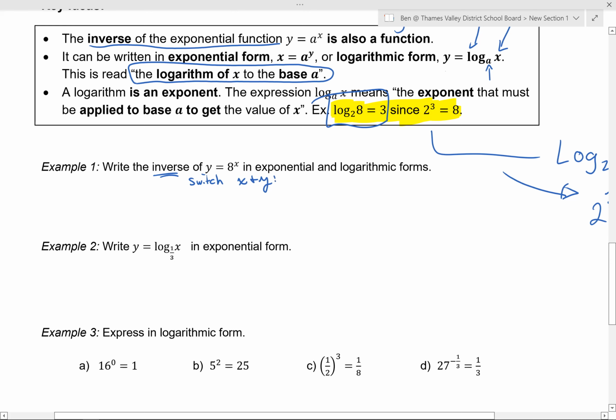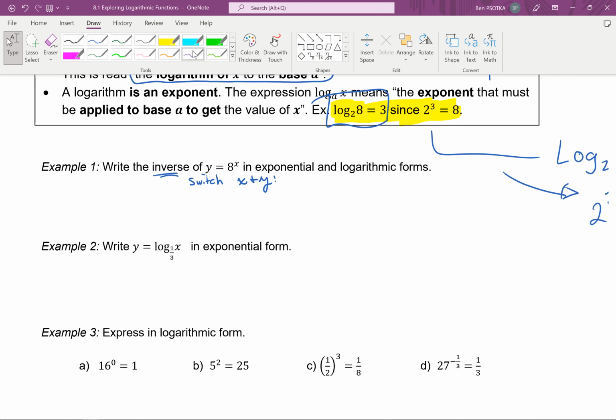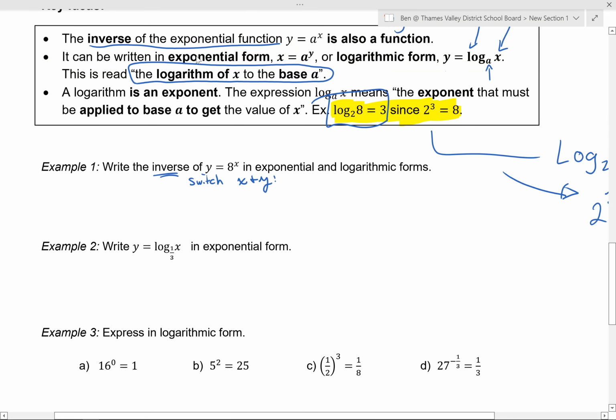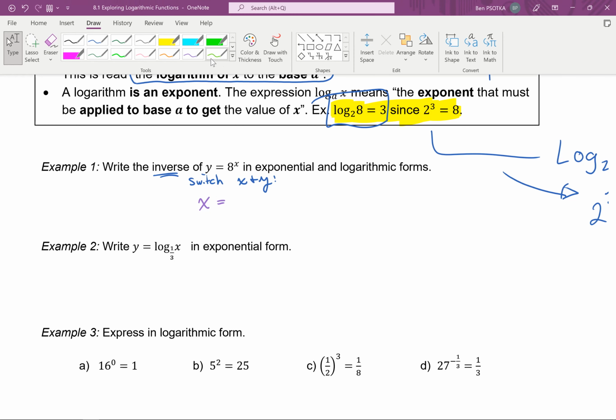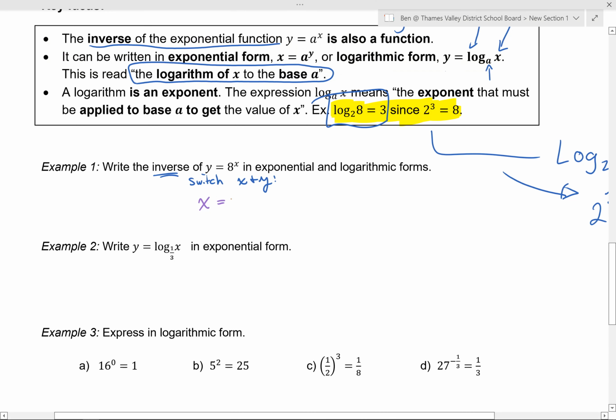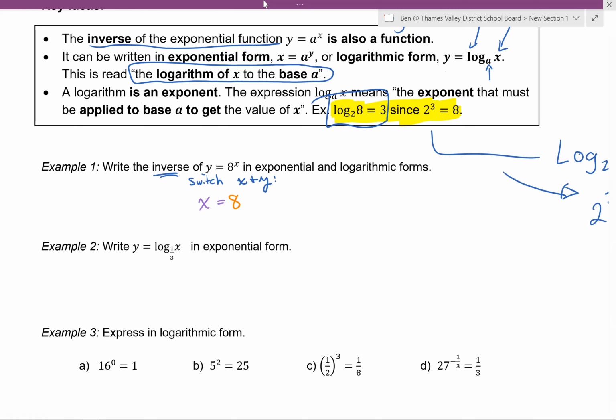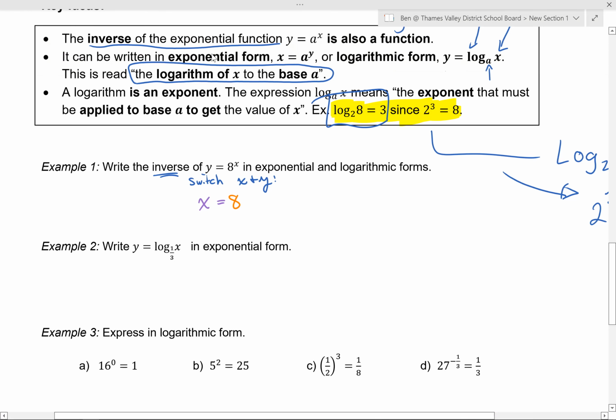So we're working with x equals 8 to the power of y. This is the inverse in exponential form.